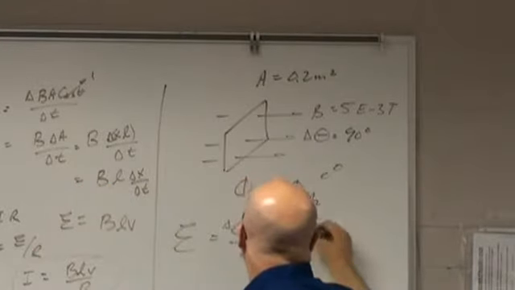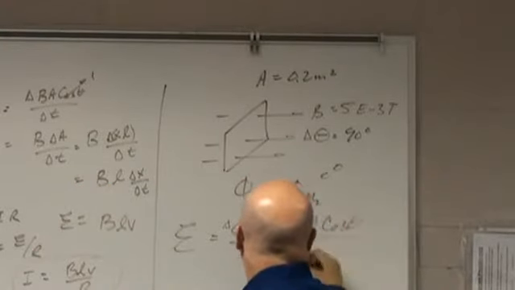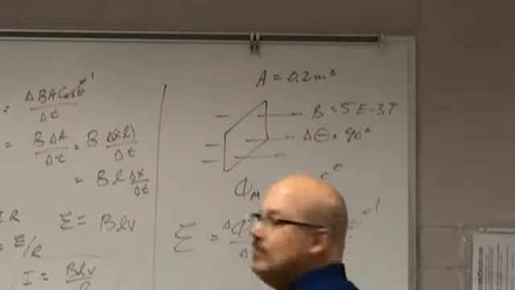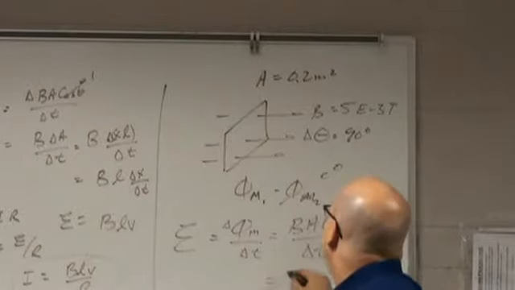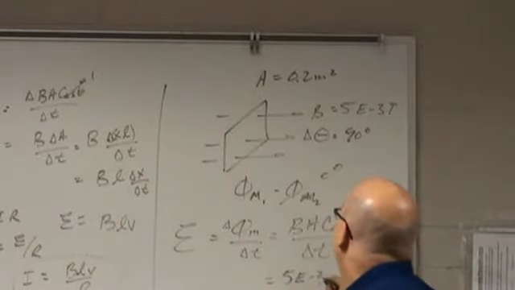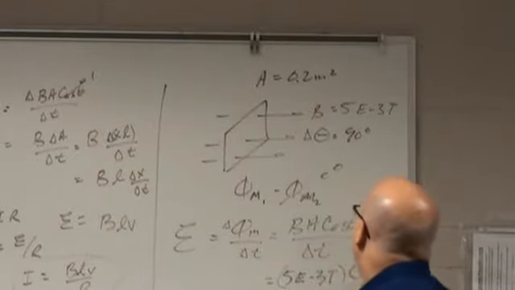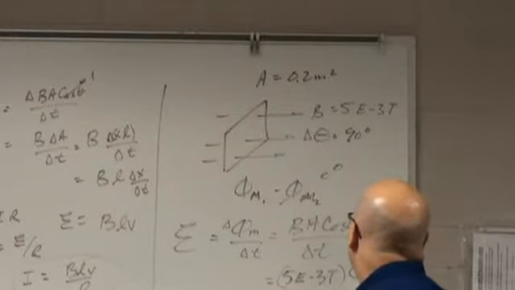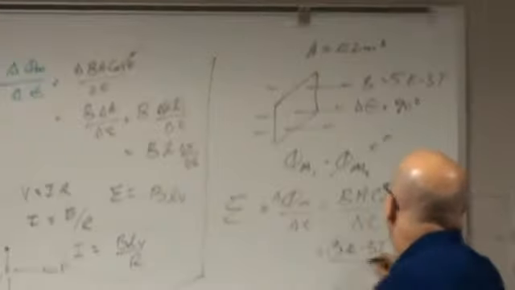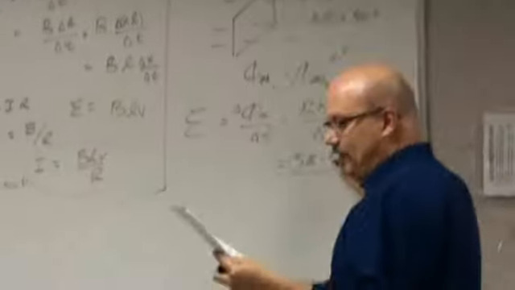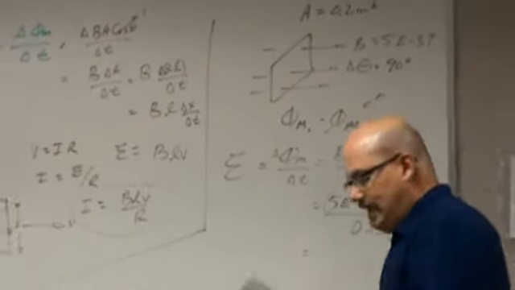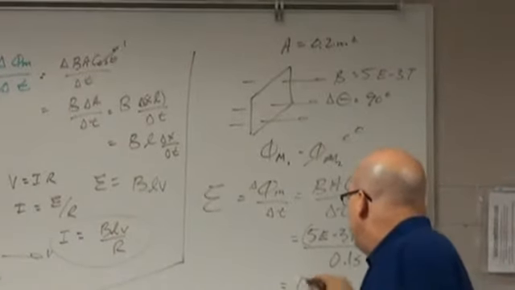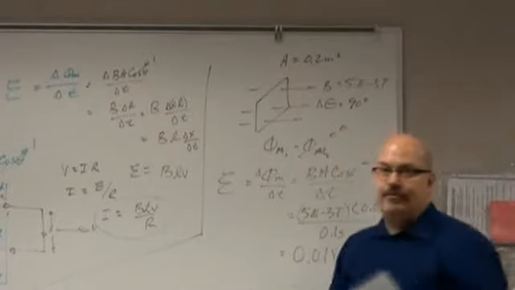And that's going to be BA cosine theta over time, but we're going with the maximum, right? And so I end up with 5e to the negative third Tesla, the area is 0.2 meters squared, over a time of 0.1 seconds. And that's it. That gives you your answer of 0.01 volts.